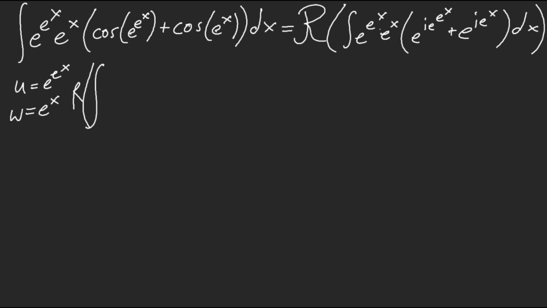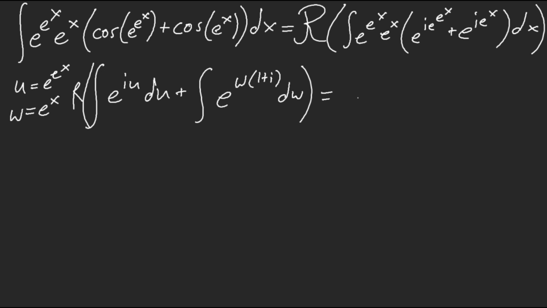So we have this du, e to the iu, okay, plus, and then over here, we have e to the x, e to the I w, plus another w. So we technically have, let me just rewrite this, w, 1 plus I dw. Okay.